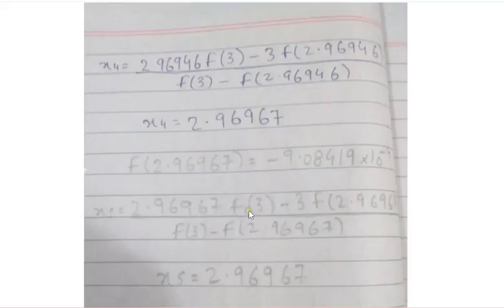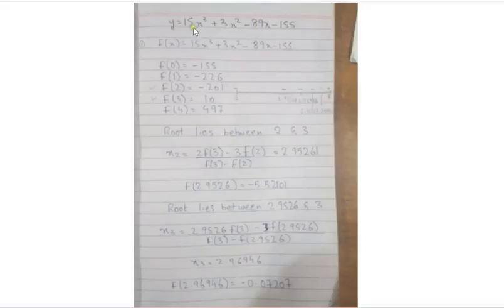Again, by substituting the values of f of 3 and f of 2.96967, I am getting the same value, 2.96967. So now we have to stop our iterations here, because we have found the root. It took us 5 iterations to find the root of this equation, which was 15x cubed plus 3x squared minus 89x minus 155.